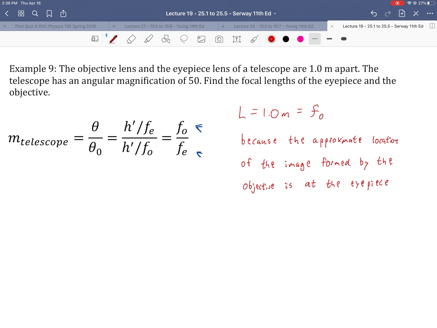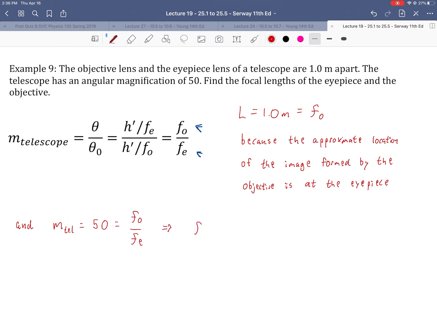Okay, so then we've got the eyepiece. So we know the total magnification is 50, well, you can probably see then, right? So then M tel equals 50 in this case, which by definition is just objective focal length over eyepiece focal length.